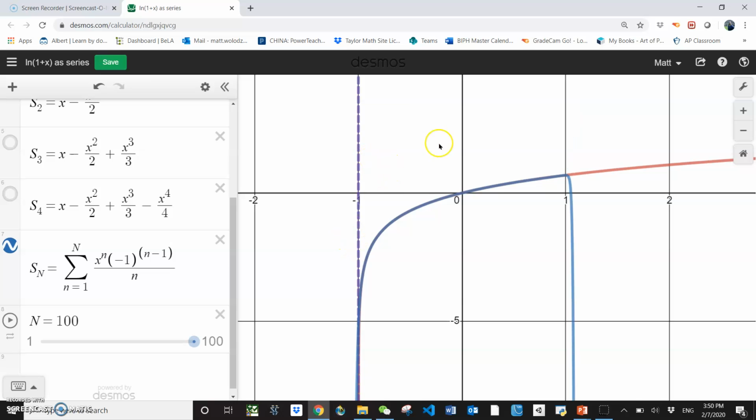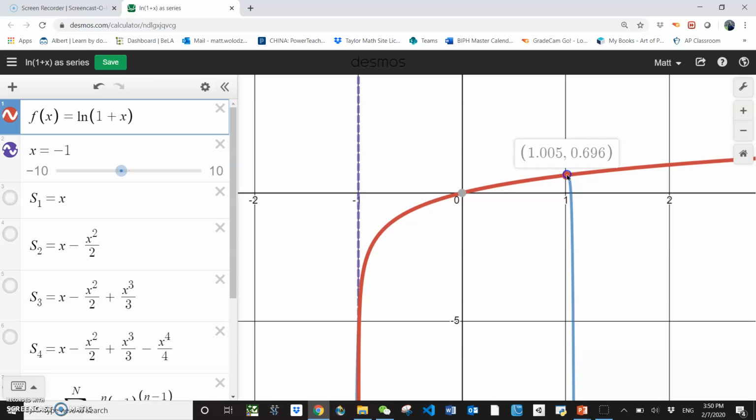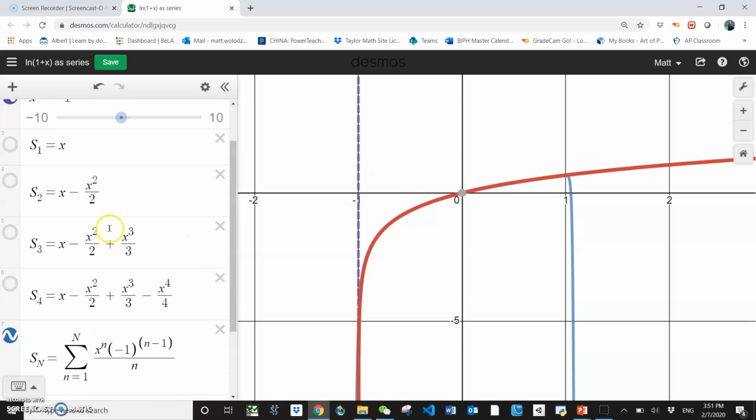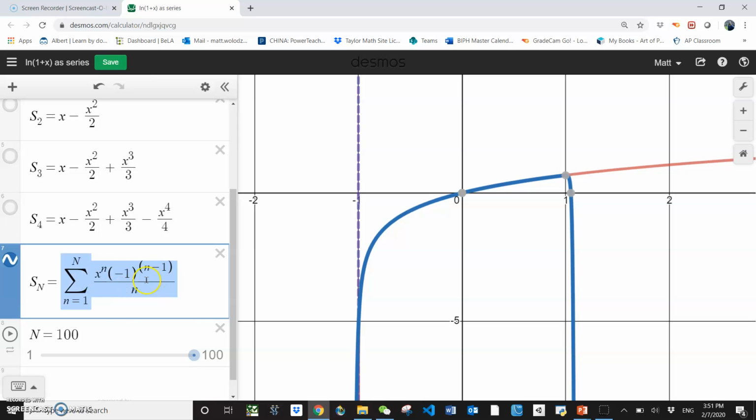We do always need to take a look very carefully at the endpoints. So the question is, of course, do we include the actual endpoints of 1 and negative 1, or is it a non-inclusive interval? If we look at negative 1, we know that negative 1 has an asymptote for my function, while this is a polynomial and it cannot have an asymptote at negative 1.